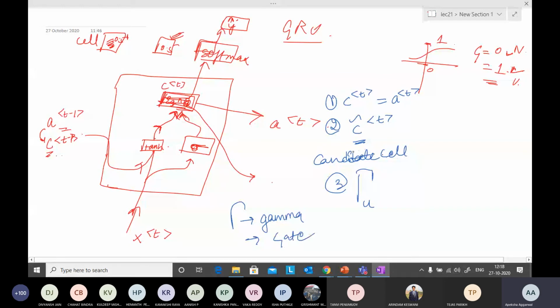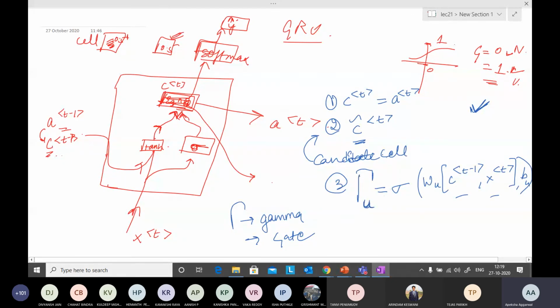So this candidate cell equation will be executed when my gate value returns 1. This equation is basically sigmoid of some weights W applied to C t minus 1 and x t, plus bias. There are only two inputs, C t minus 1 and x t. The u is because we are updating.